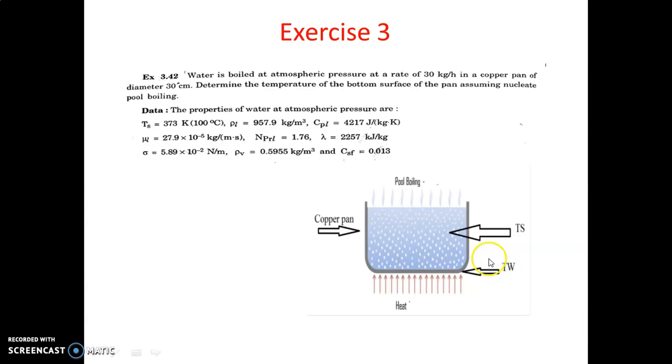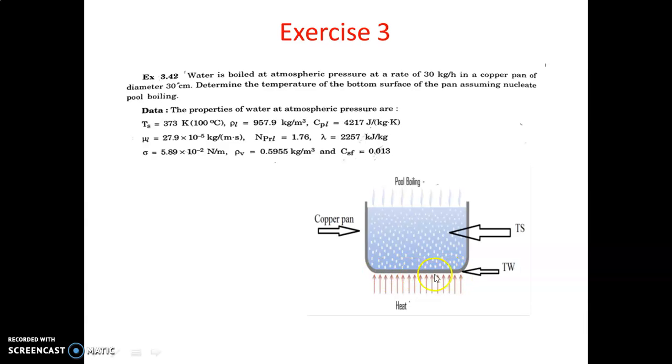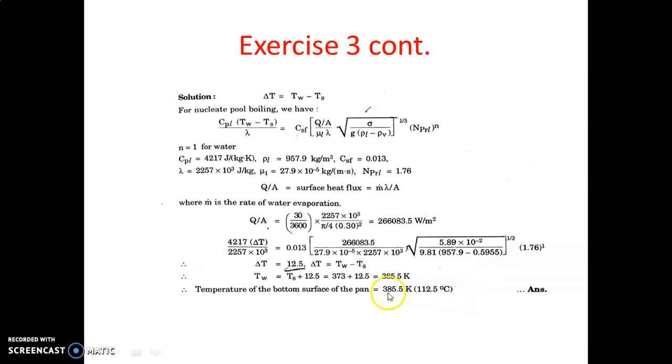In this way we have calculated TW, that means the temperature of the bottom surface of the pan is equal to 385.5 Kelvin. Obviously it is a higher temperature than saturation. In this way we can solve this type of problem.